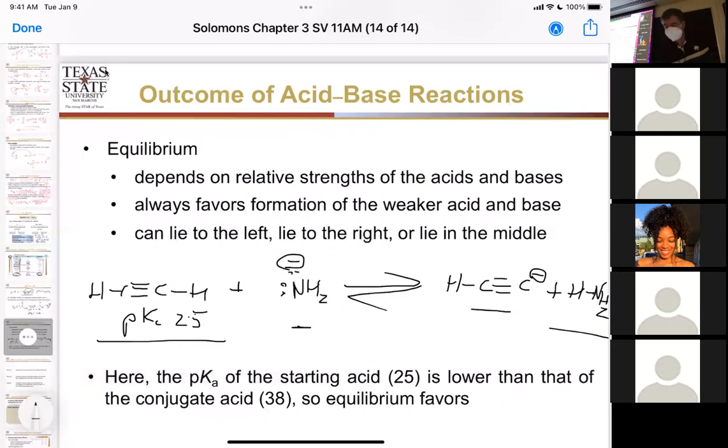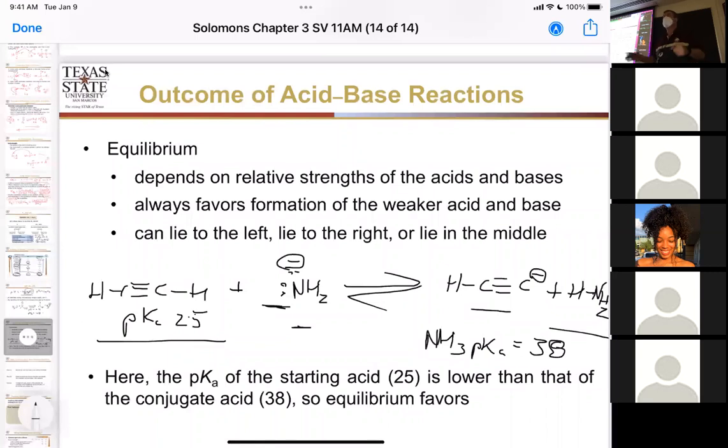So in this case, this ammonia, NH3, I drew it kind of funny here to show you the proton was transferred to those electrons. The pKa is 38. Which one's stronger, 25 or 38? 25 is stronger. The lower the number, the stronger.